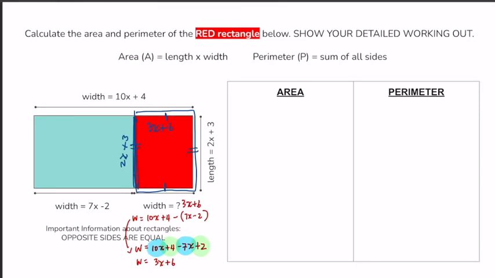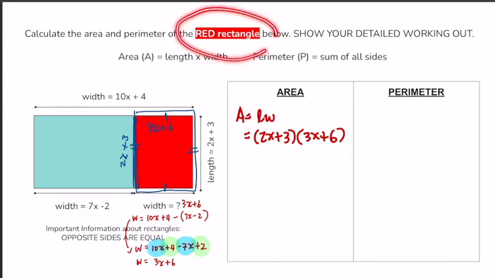So the area again is equal to length times width. So the length is 2x plus 3 times the width, which is 3x plus 6. Because remember, it is not this one, it's this one, because we're talking about the red rectangle.